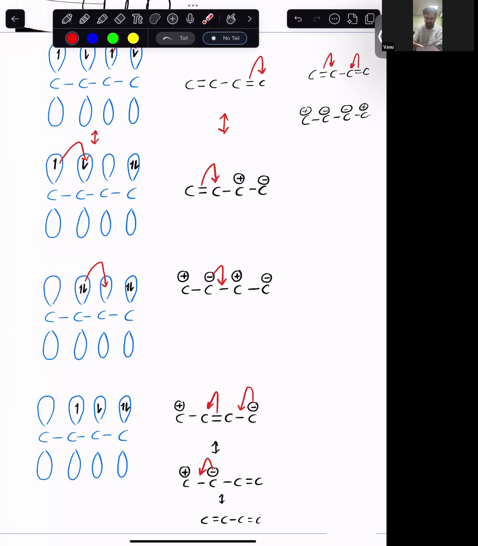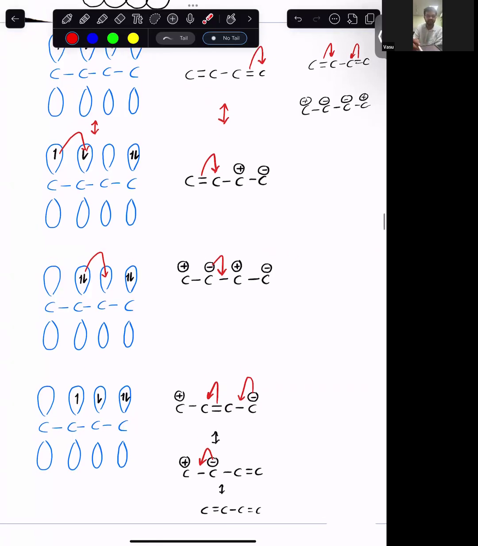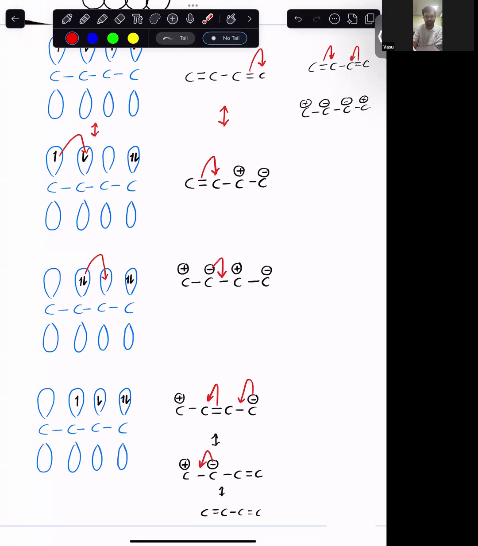So if I want to check the contribution, I can say this will be contributing the highest, followed by this and these structures. We will see the rules to identify the stability or the contribution of different structures soon. As of now, some idea: this has two charges, or this carbon has an incomplete octet, so this is going to be less stable when compared to this structure where all the carbons' octets are complete.